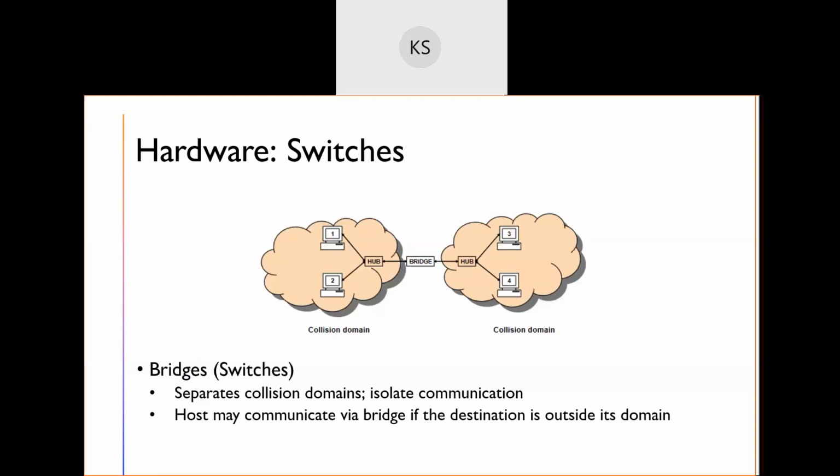I think specifically the bridge is going to be responsible for getting the frames of data if 1 wanted to talk to 4. The bridge is going to basically act as a miniature node that talks to the hub. So only when 1 wants to talk to 4 will that frame of data be in the collision domain.